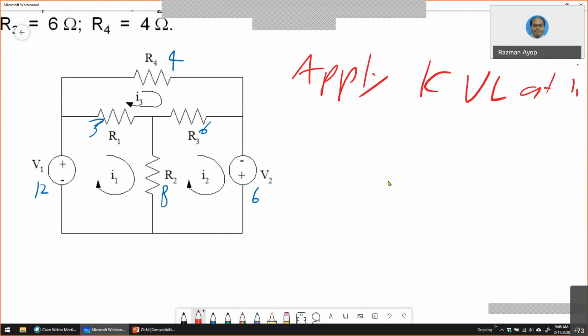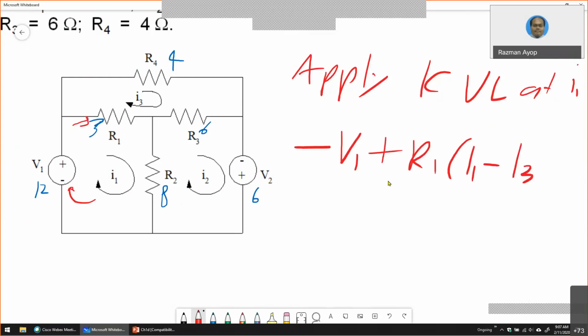We first start with loop 1. If you look here, when you go around the loop, it touches negative. So negative V1. Then goes to here, so remember plus R1 times I1 minus I3.